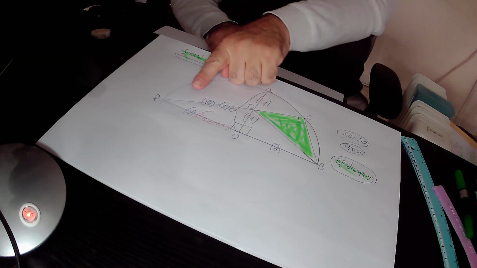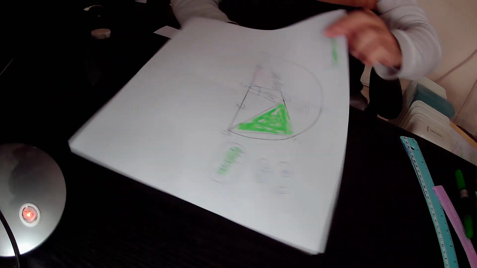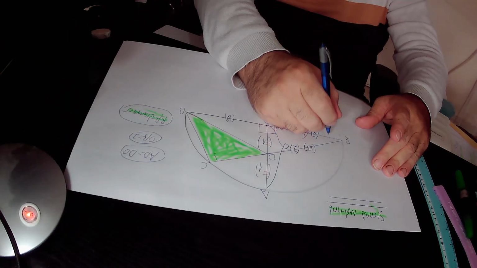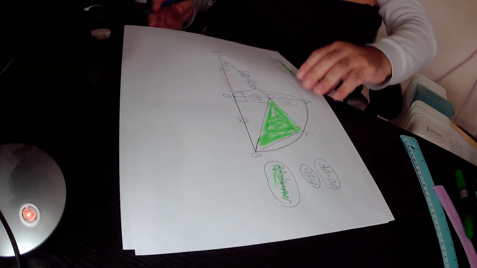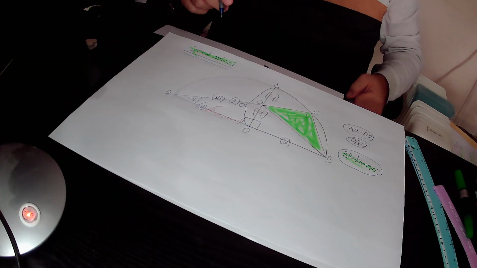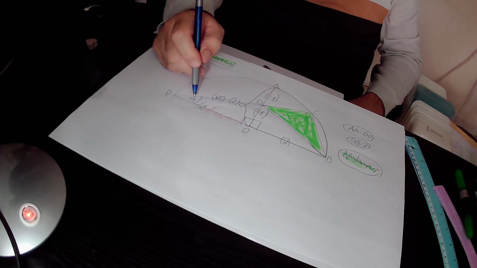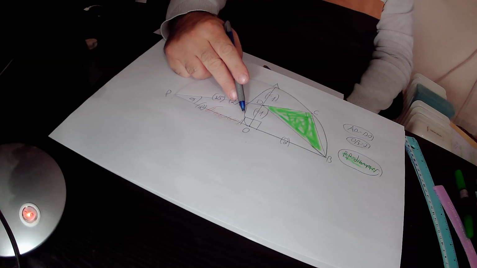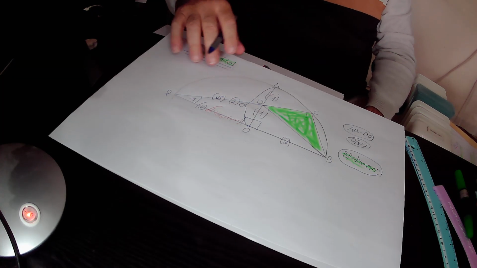We define this angle OPD as alpha. And we will continue to focus on this small right triangle PDO. In this small right triangle PDO, this angle equals alpha, this angle equals 90 degrees, and therefore this third angle must be equal to 90 degrees minus alpha.